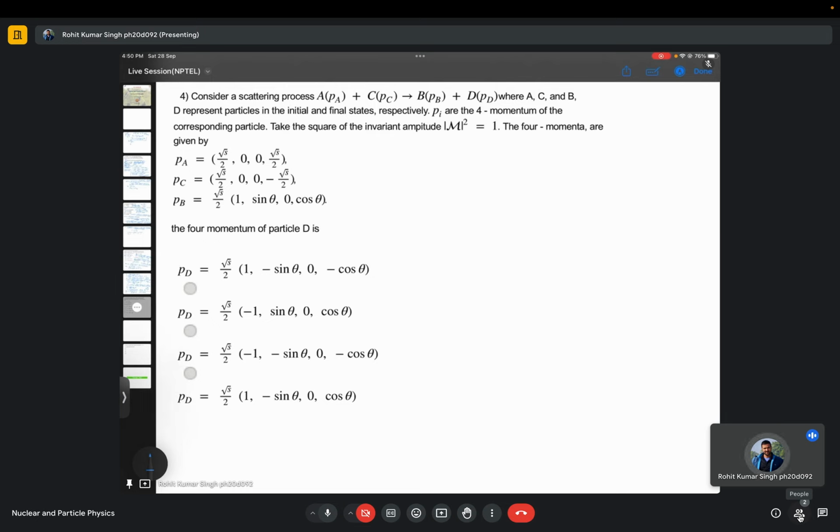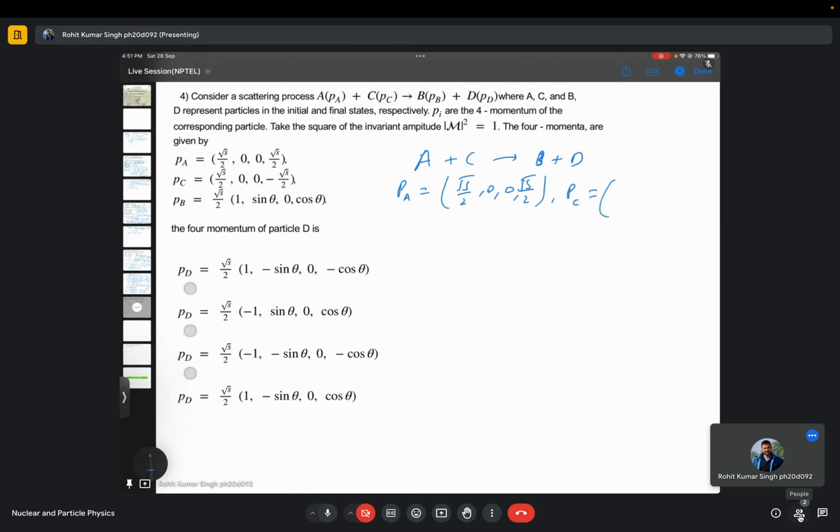Now let's take the fourth problem. Here we have a scattering process A plus C going to B plus D, and the four momenta for three of them are given. The four momentum of A is given like this.